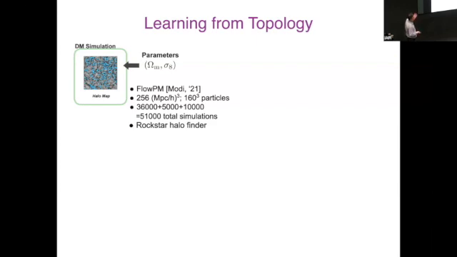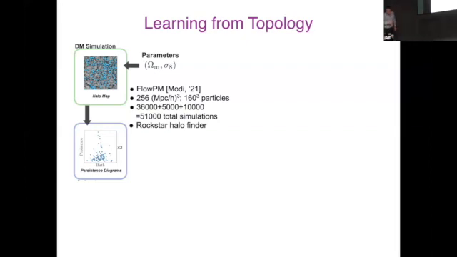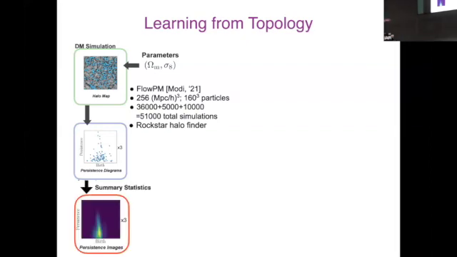FlowPM is a fast simulator, so the simulations produced are not of high resolution, but they're accurate enough for our purpose. And we use the Rockstar Halo Finder to identify halos in the dark matter simulations. That generates for us a lot of halo catalogs. And for each halo catalog, we can compute persistent homologies. And the summary statistics are the persistent images.